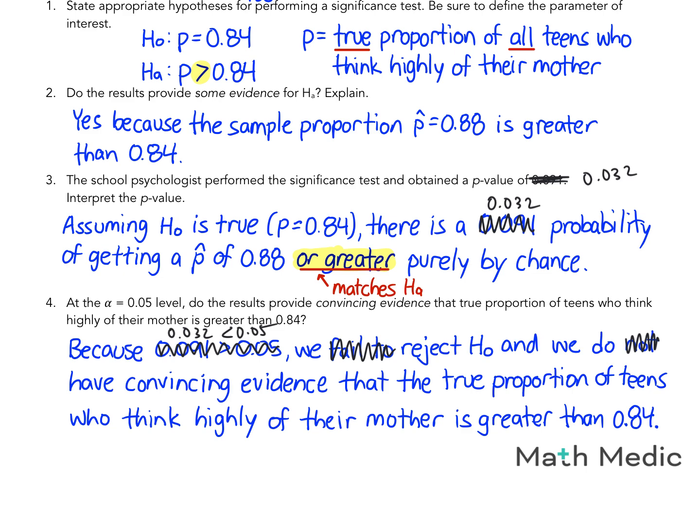The vocabulary here is incredibly important. It is very important that we reject the null or fail to reject the null. There is nothing else that I will accept. If you talk to people in a college stats class, sometimes college stats classes accept other vocabulary. We will not. Questions for me?